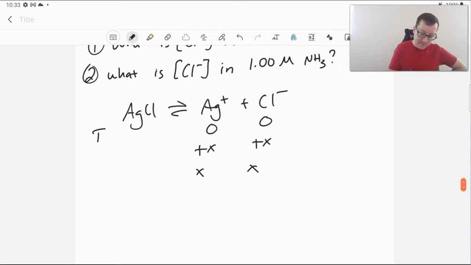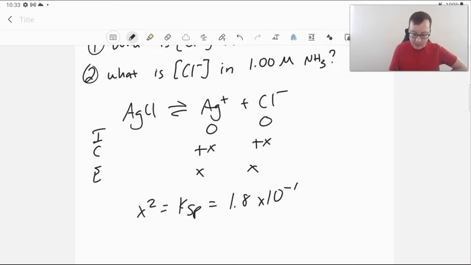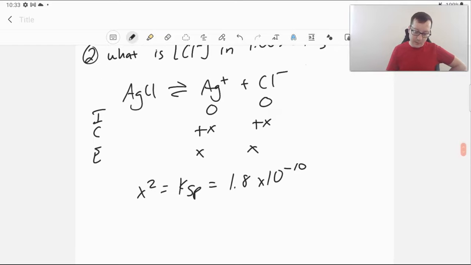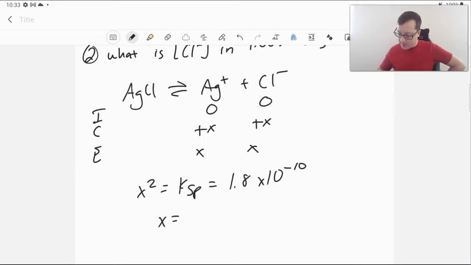In our ICE table, we get x squared equals Ksp, which is equal to 1.8 times 10 to the negative 10th. So therefore we just need to do the square root. So x is the square root of 1.8 times 10 to the negative 10th. We get 1.34 times 10 to the negative 5 molar. So that's the concentration of chloride in pure water.